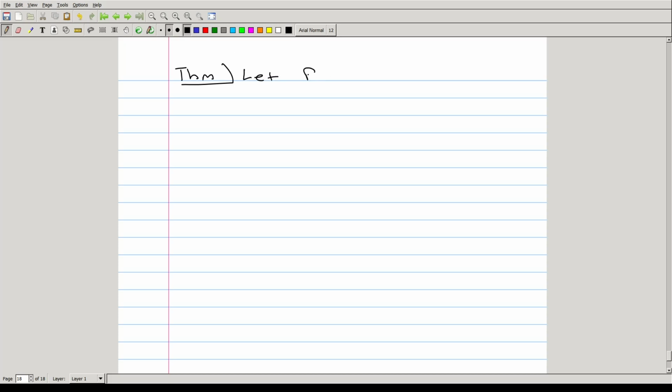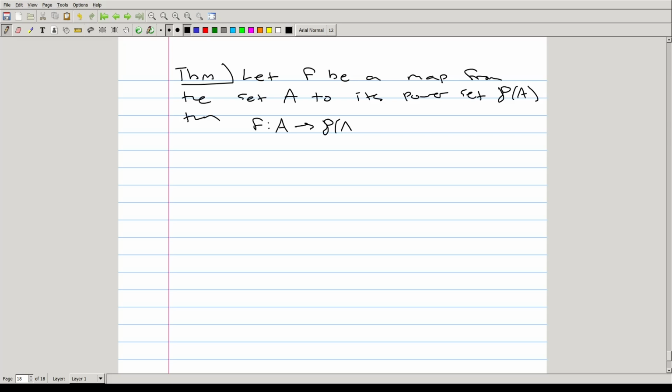If we let f be a map from the set A to its power set, P(A), the set of all subsets, then this function from A to the power set of A cannot be surjective.